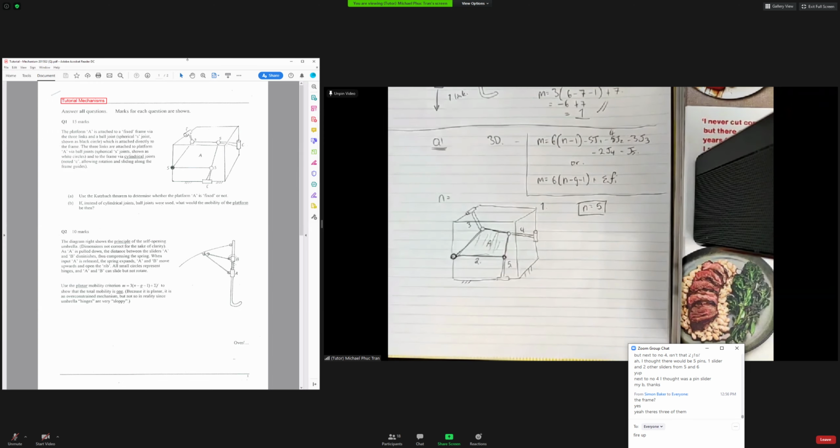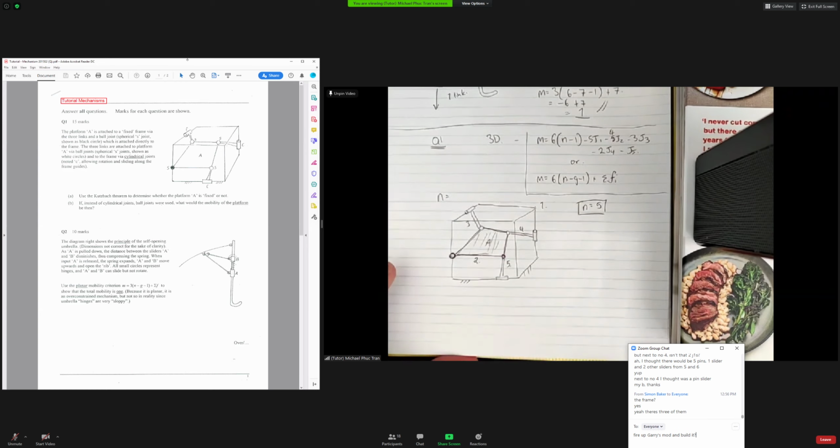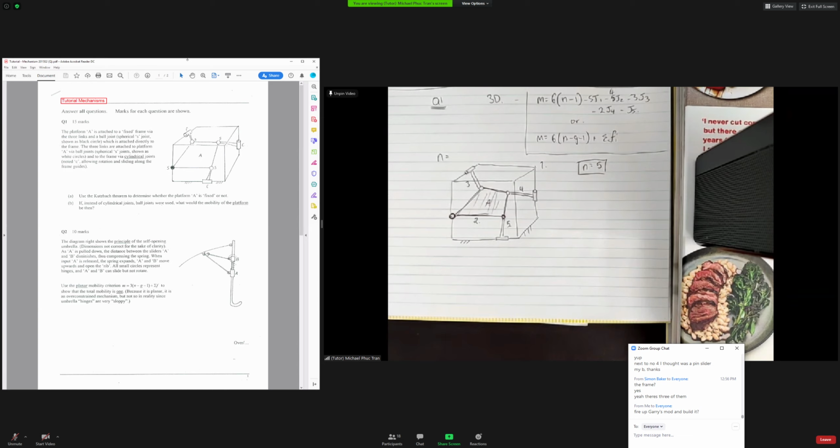Okay, let's count the joints. What are some joints that you can see, just looking at the question? You could do that, or you could hop onto SolidWorks and build it there.